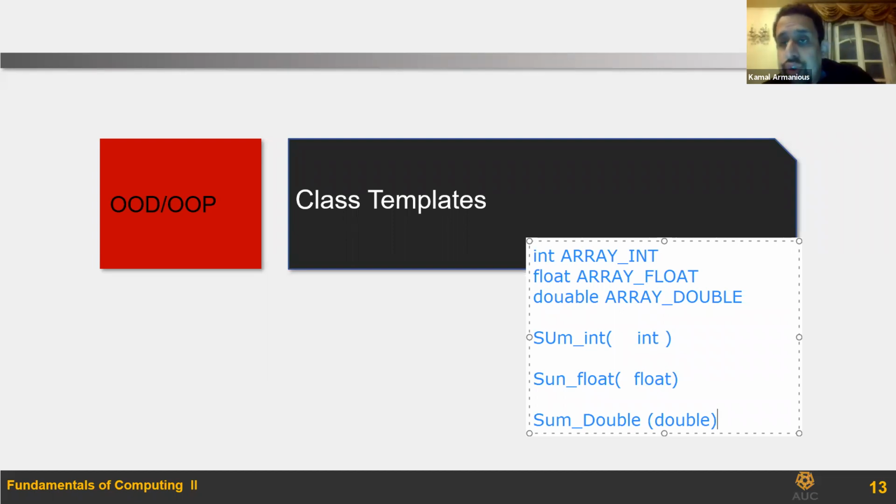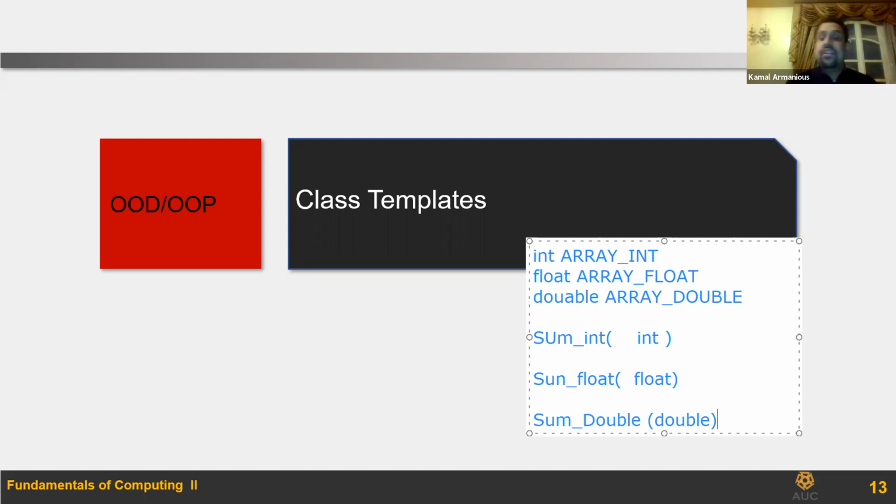This is what you usually do. I make three functions and they are doing the same thing, but the first one sums integers, the second sums floats, and the third sums doubles. So this is nonsense.